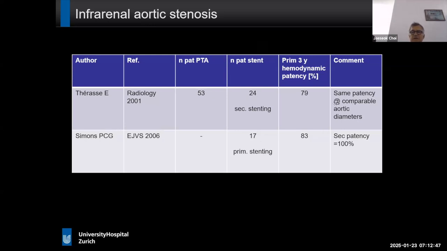You can see here, 3 years patency, there's not a big difference between that group where they did provisional stenting and those who did primary stenting. So that's the result at 3 years for endovascular treatment, around 80%. That's not too bad.